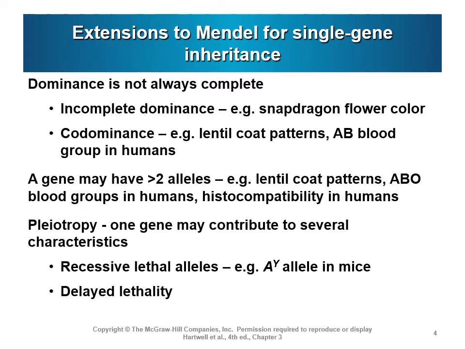For example, there is a recessive lethal gene in mice, AY, that also produces a dominant coat color phenotype. Usually, in this case, only the heterozygotes will carry the gene, because the mice affected with the double recessive AY gene die prematurely, whereas in some genes such an allele can result in delayed lethality.